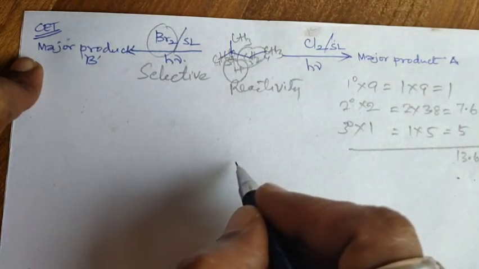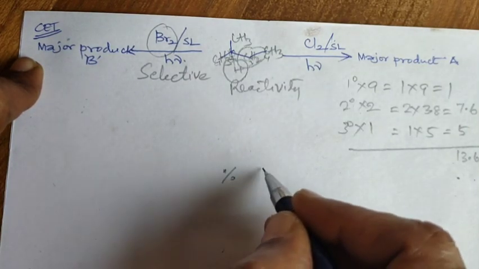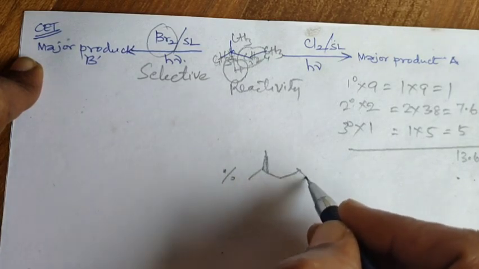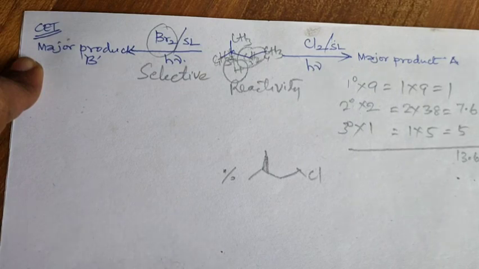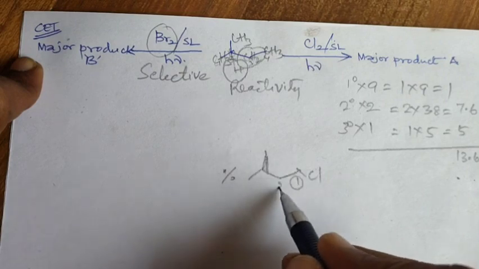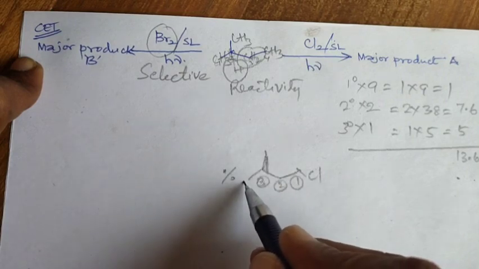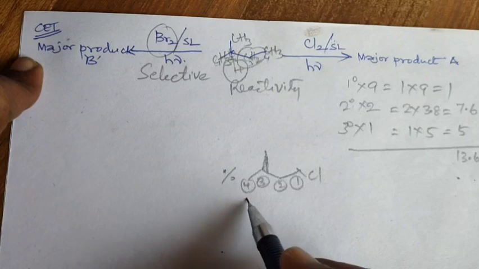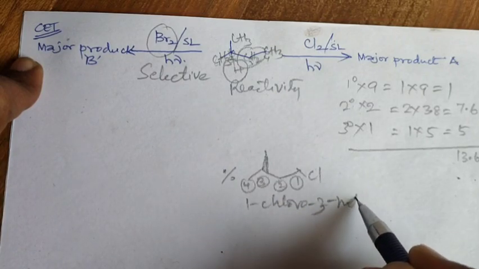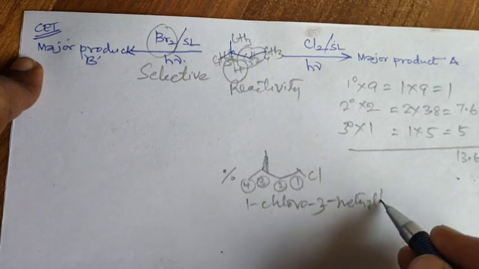Now the percentage of 1-chloro-2-methylbutane and 1-chloro-3-methylbutane.